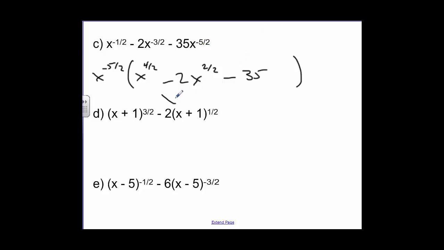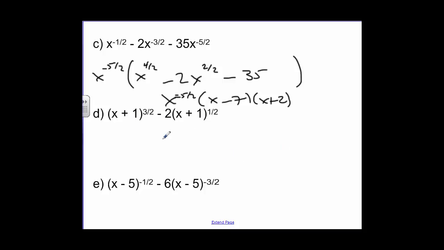So we should be able to call this x to the -5/2. There's a minus sign hidden in there, by the way. And then this will be x, let's see, -7x plus 2. If I lose you on that, watch it again. If I still lose you, make a note of it, ask me later. Let's try the next one.